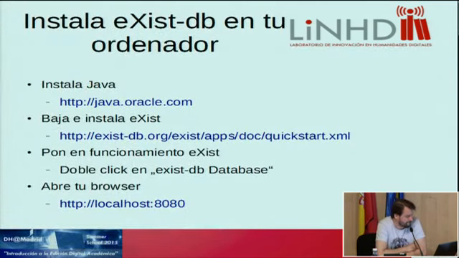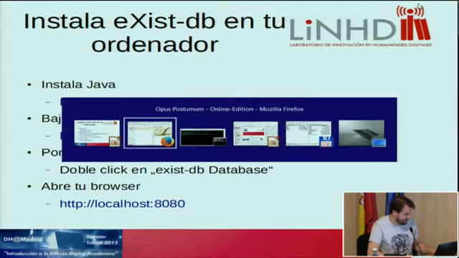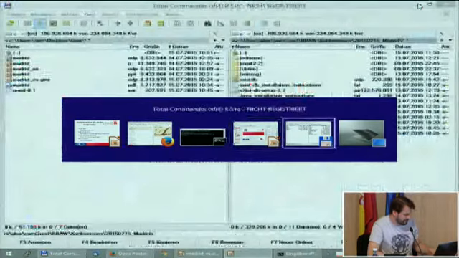Okay, now we will install eXist together. I hope that everyone now has Java installed. If not, please do so quickly. And now I'm going to install eXist. I already downloaded it.